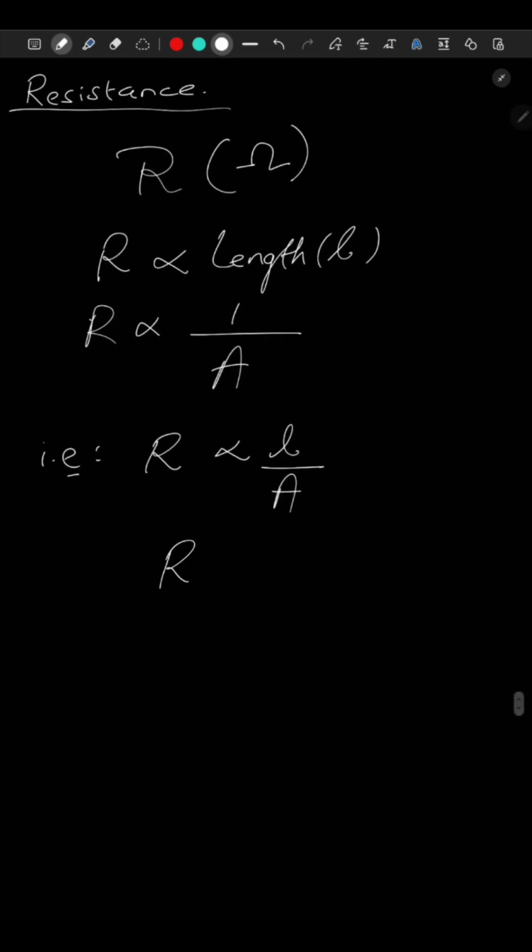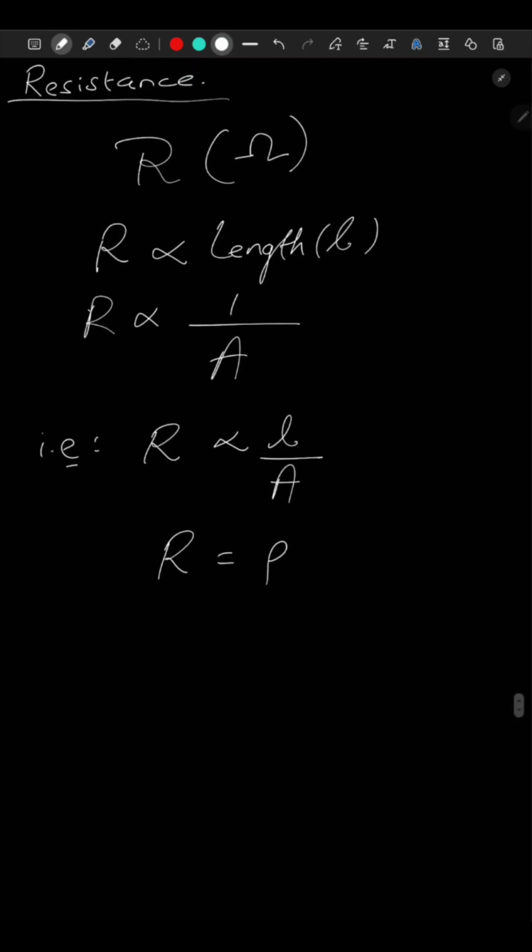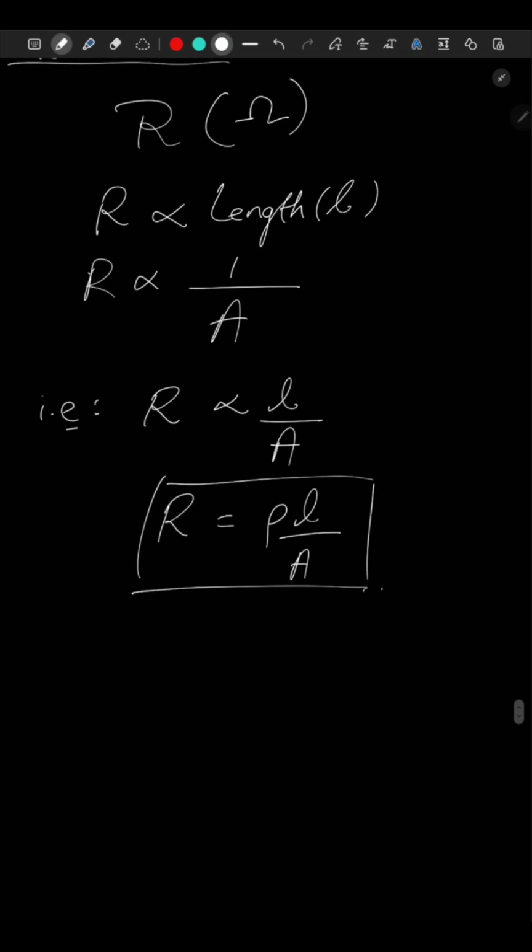So we can remove the proportion sign and put a constant there, and this constant we introduce is called the resistivity of that material. Resistivity is in ohm meter, so this is the unit used for resistivity.